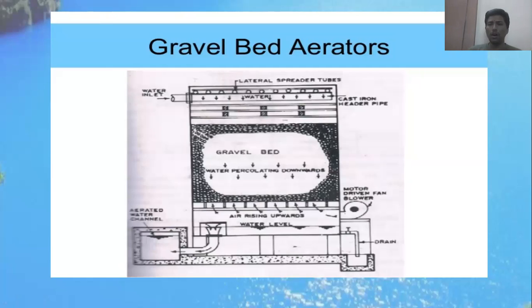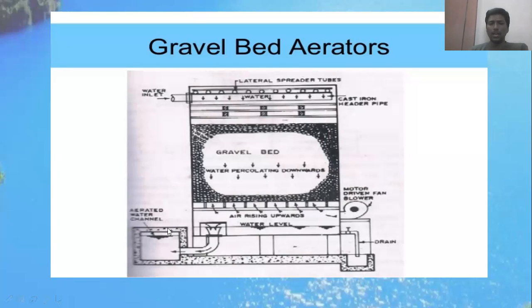Due to the counter-current contact between the water molecules and the air molecules, a dissolution process takes place in the bed. Since water has a higher density compared to air, it tends to break into fine droplets, which pass through a container or tray kept at the bottom. This is what we call a separate channel, the aerated water channel.